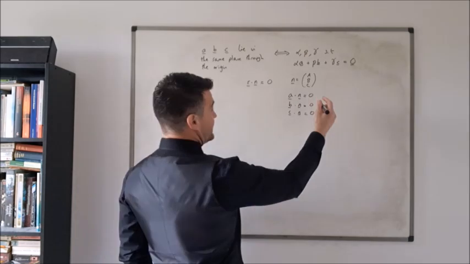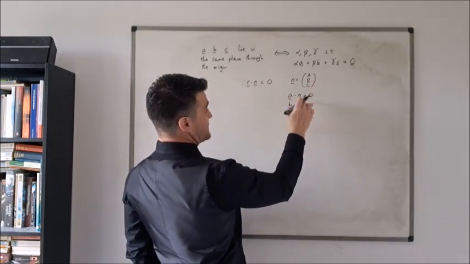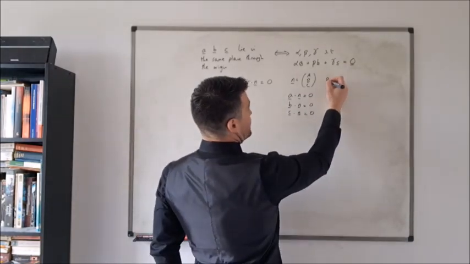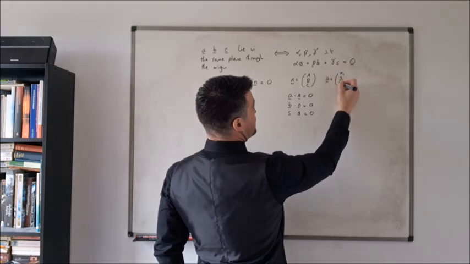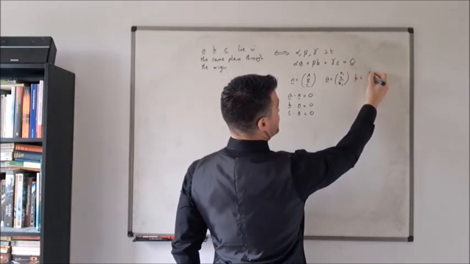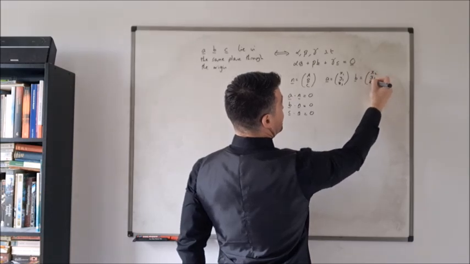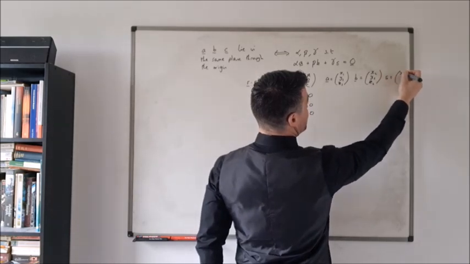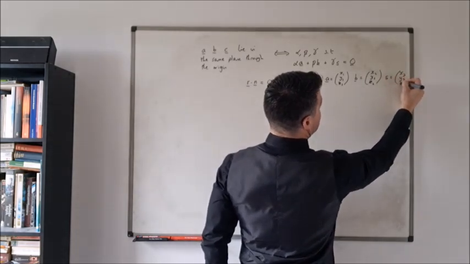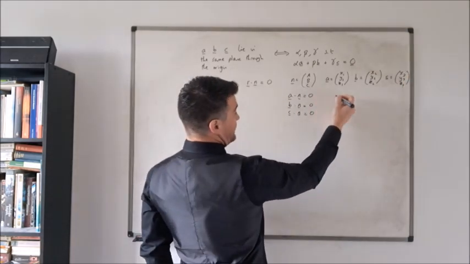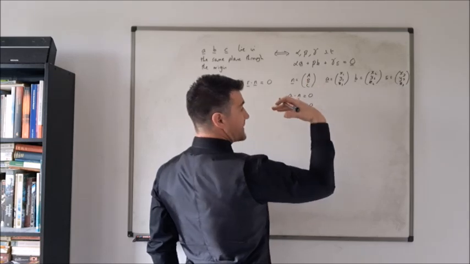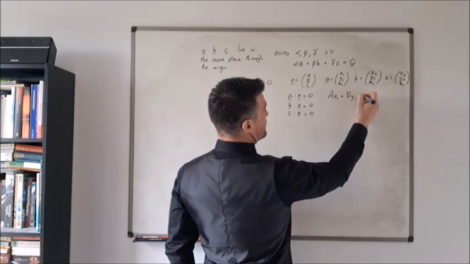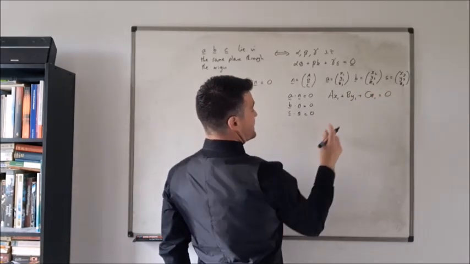If I wanted to write these out in more expanded form, actually calculating the dot product of a and n, well, okay, if we set a to be equal to x1, y1, z1, b is equal to x2, y2, z2, and c is equal to x3, y3, z3, then for a dot n equals 0, this is going to be equivalent to a x1 plus b y1 plus c z1 is equal to 0.